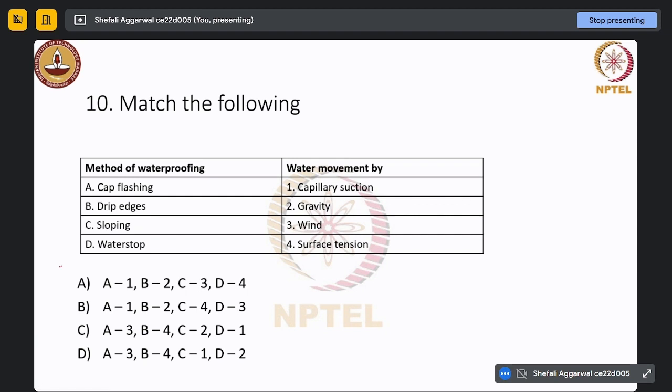Next question is, match the following different methods of waterproofing with the water movement they prevent. If we are providing cap flashing, drip edges, sloping, or water stop, how are they preventing water, and in which type of application should these waterproofing methods be applied?